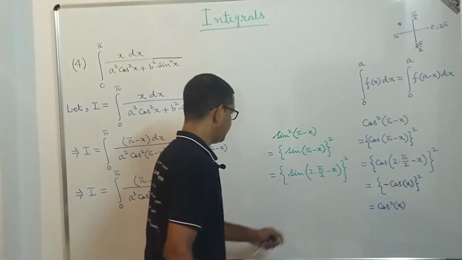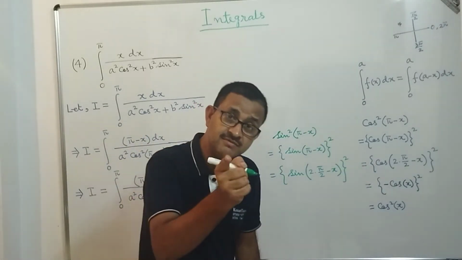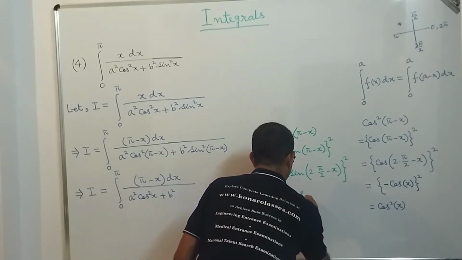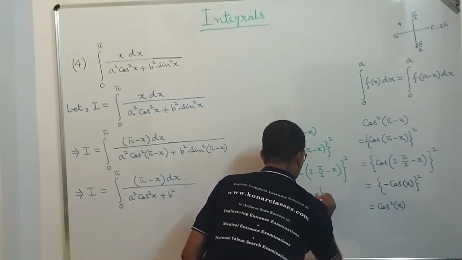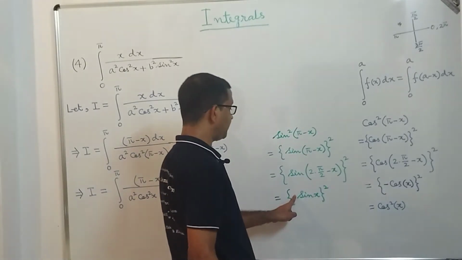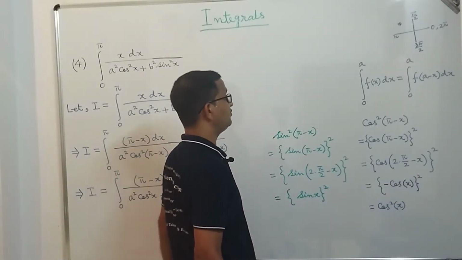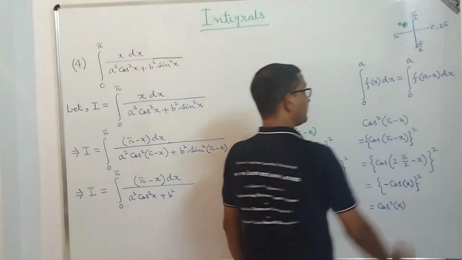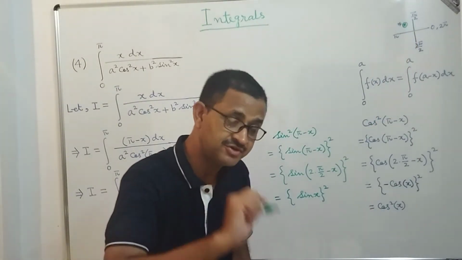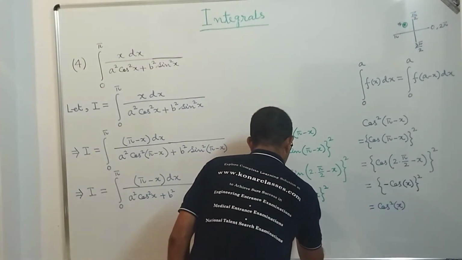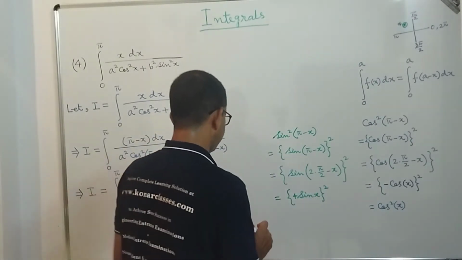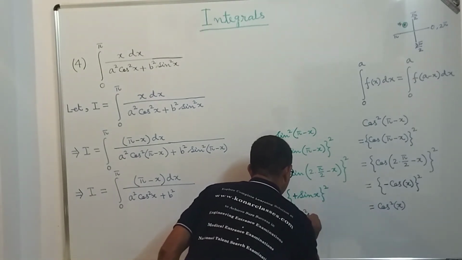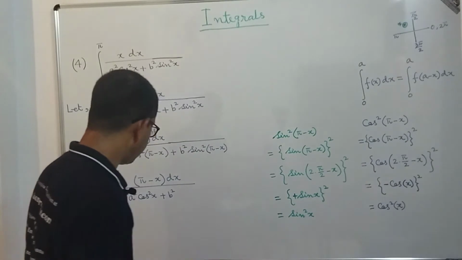Sine 2 into pi by 2 is an even multiple of pi by 2, so it should be sine only. We write sine x whole square, but whether it is positive or negative depends on which quadrant pi minus x is in. Pi minus x is in the second quadrant, and in the second quadrant sine is positive, so it will be plus sine x whole square. Ultimately it is sine square x. So what can we write here, dear students?